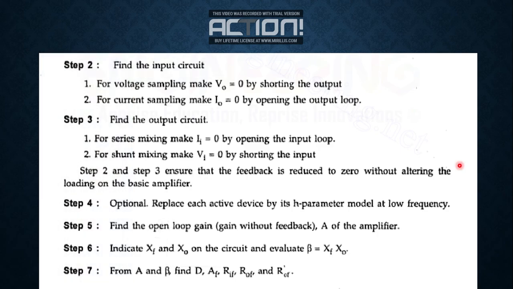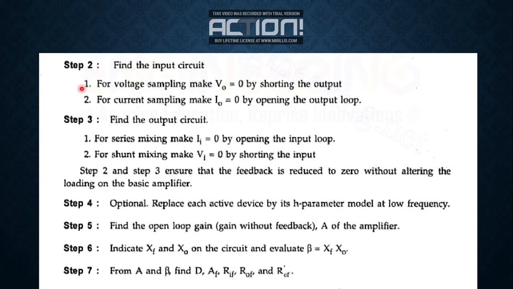This is the step. Now, there are 7 steps to solve a negative feedback amplifier. The step 1 is the most important thing. We have now discussed that one. I hope that is clear.